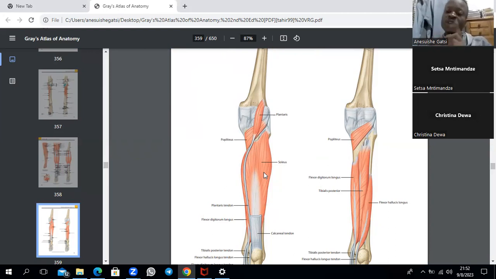So gastrocnemius and the soleus, they have the same tendon, which is here. This tendon is called the tendocalcaneus. Others prefer to say the calcaneal tendon. Others prefer to say the Achilles tendon.